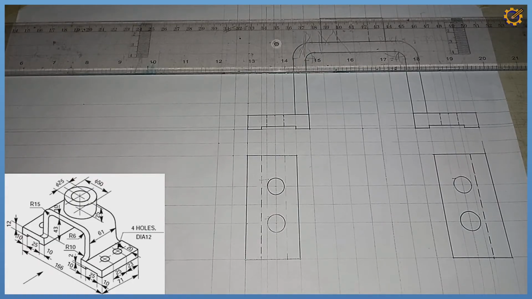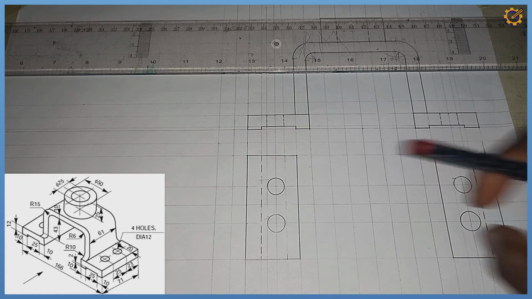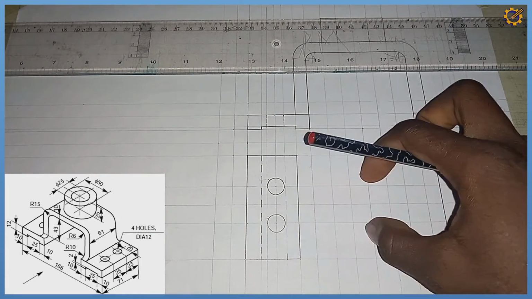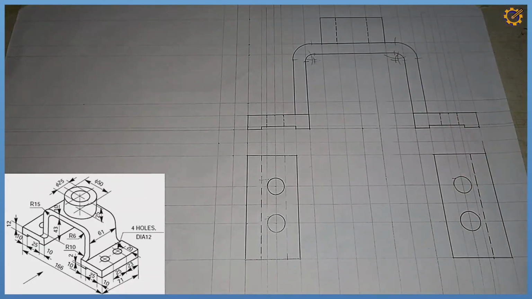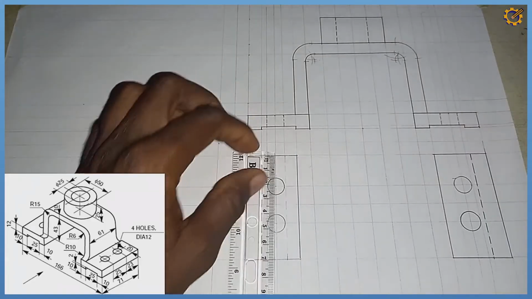So we have a span of 61 for the extension here, which carries that cylinder. The thickness is 61. So 61 divided by 2, that is 30.5.